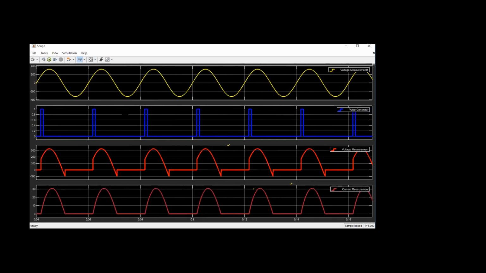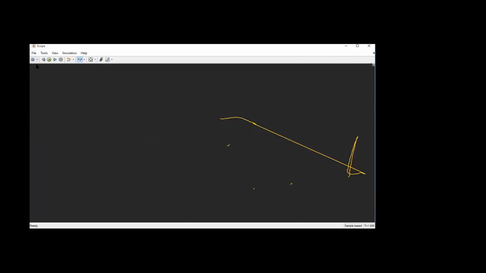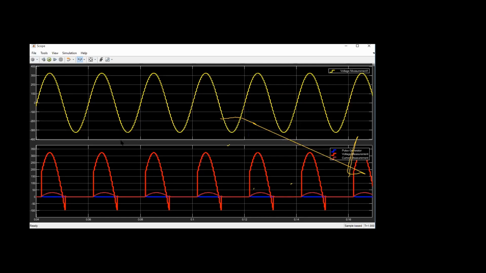Suppose you don't want it like this, and you want to see only one graph, all the graphs in one. Then go to layout and select only one or two. Clear?